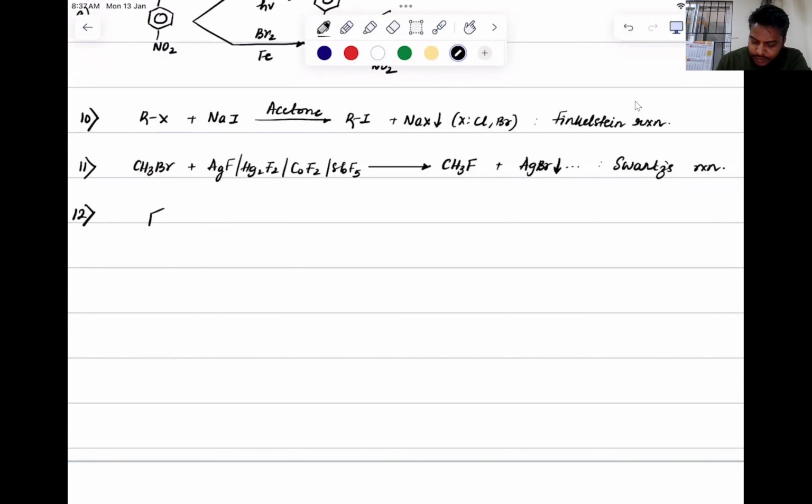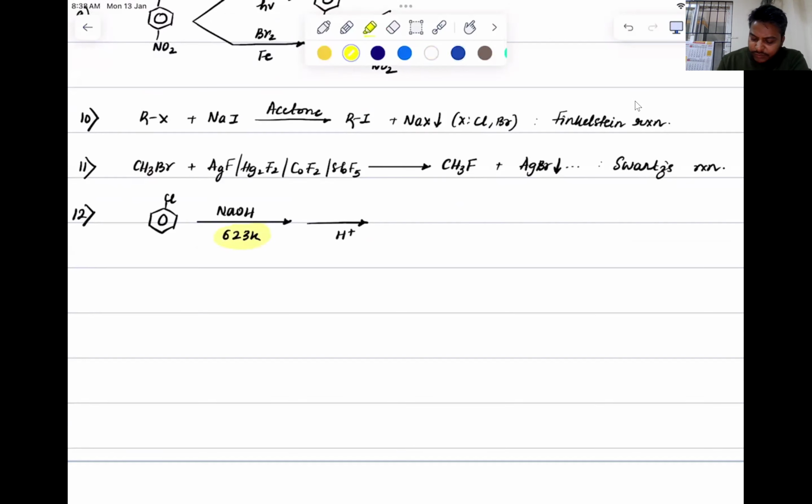Next, if you have chlorobenzene, and I'm treating this with NaOH at around 623 kelvins, followed by hydrolysis with H plus. Now this temperature, just 2024 JEE exams, in one of the slots, they have asked this temperature.